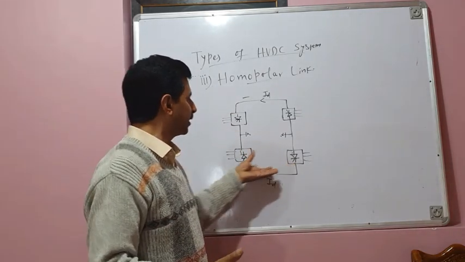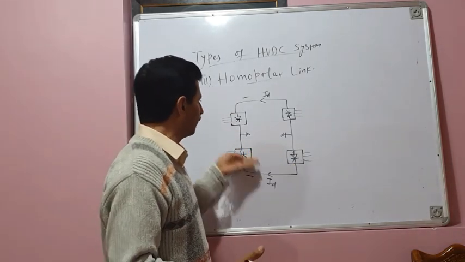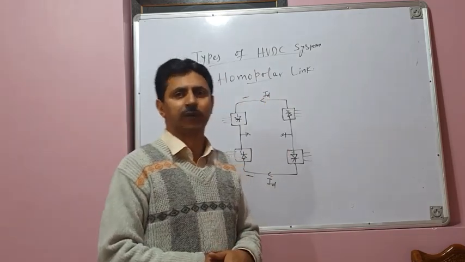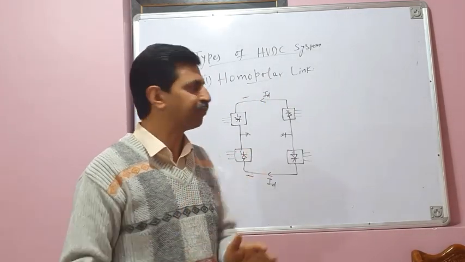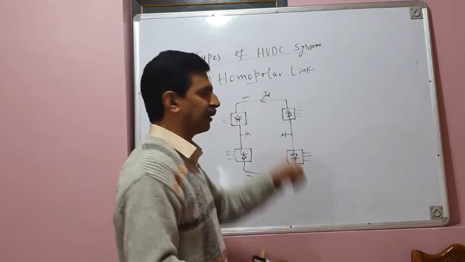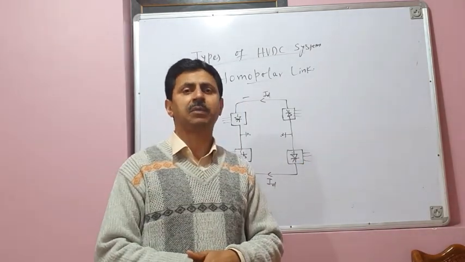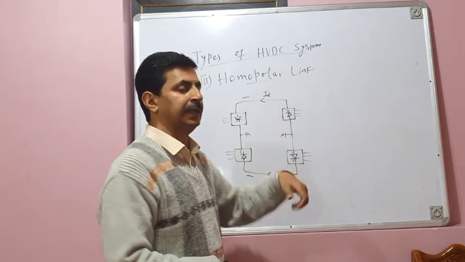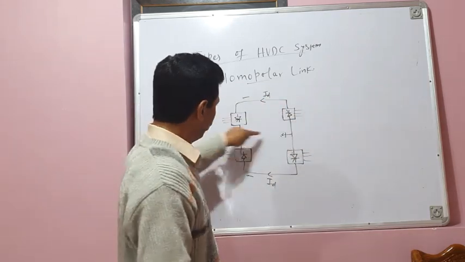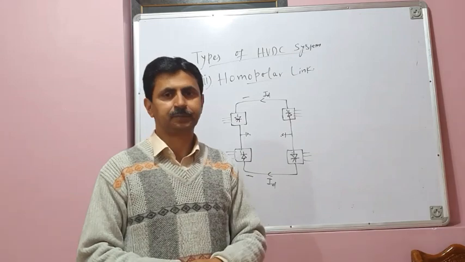There is an arrangement with the help of which these two converters can be reconnected with these two converters parallelly, and if the line has the capacity to carry the power, then more than 50% power, or in some cases rated power with increased line losses, can flow in this monopolar link.